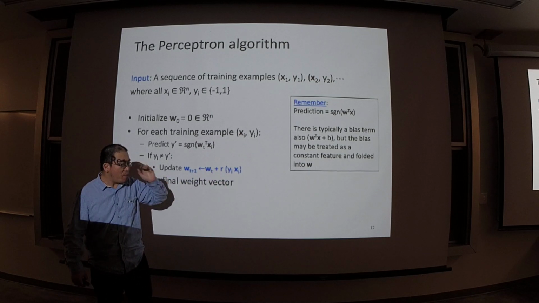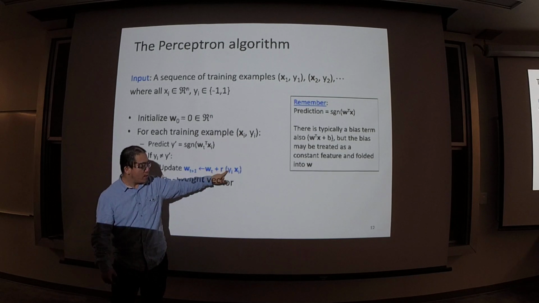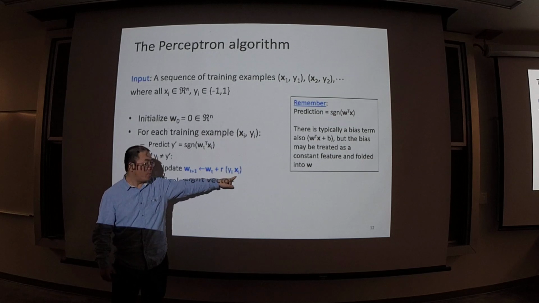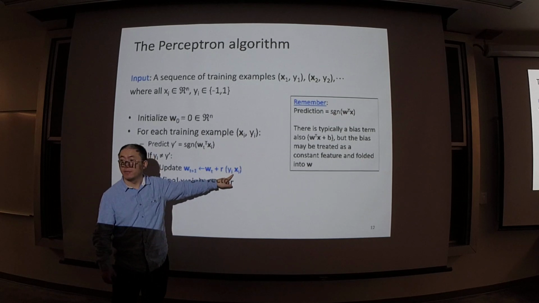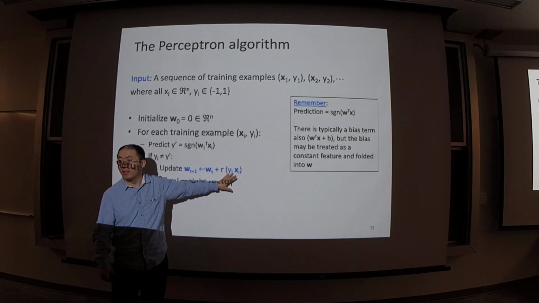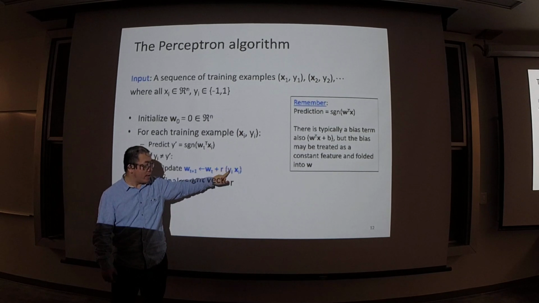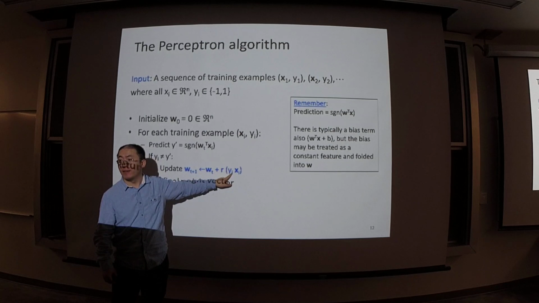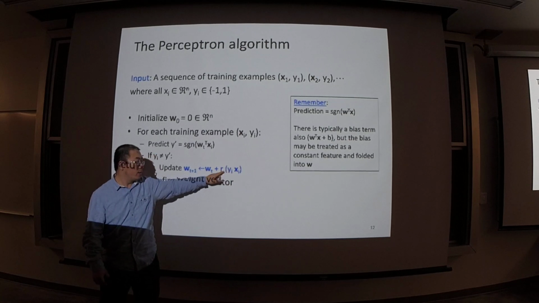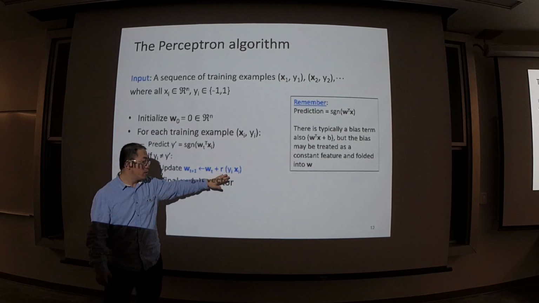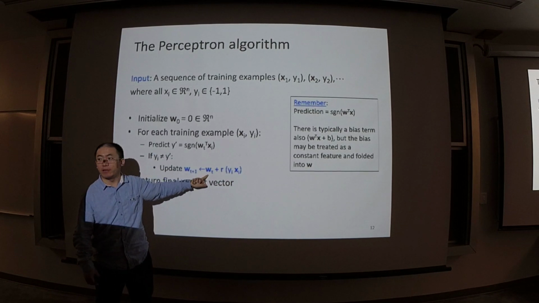But what matters is the product xi multiplying with yi. This is not gradient. It's just the input vector xi multiplying with its ground truth label yi. And we add this product, scaled with r, to the current weight vector to finish the update.